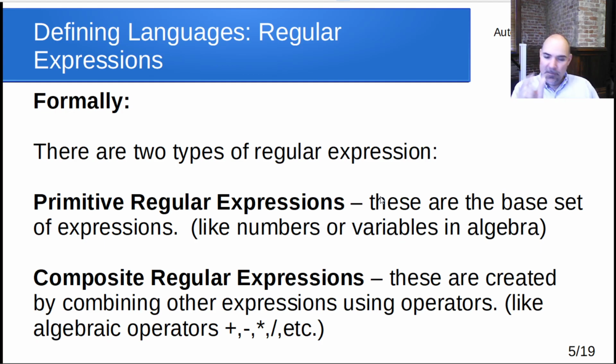Those are the lowest level components. Now the composite regular expressions are created by combining other regular expressions using operators, a lot like in algebra, where you have arithmetic operations like exponentiation, parentheses, multiply, divide, add, and subtract, and so forth.